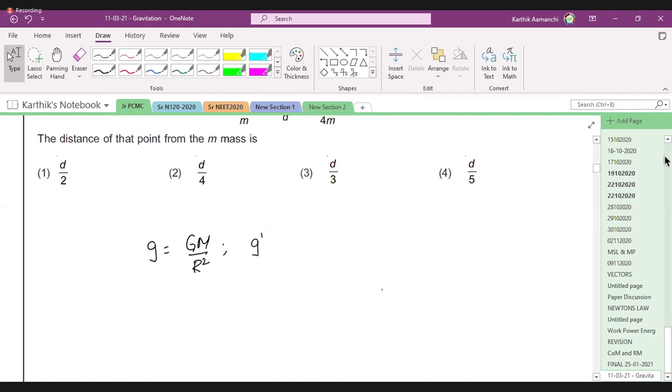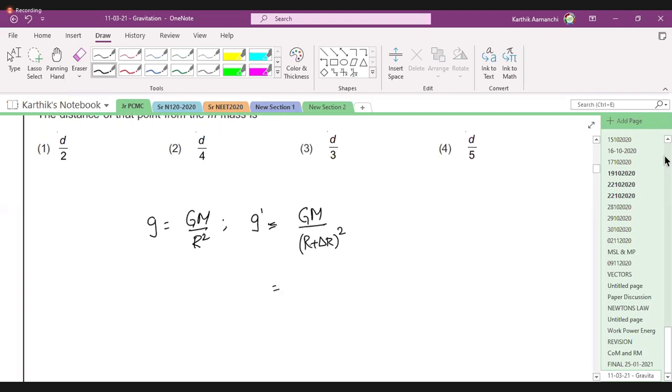So G dash, if I'm taking the radius changes by some delta R, can I take it as R plus delta R whole square? Right? So from this I'll take R square common. It will be R square into 1 plus delta R by R the whole square. So GM by R square is G. G divided by 1 plus delta R by R the whole square is your G dash.